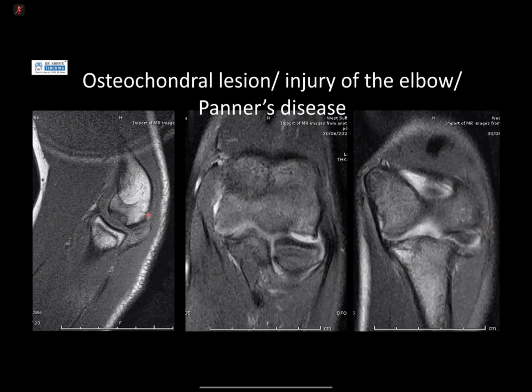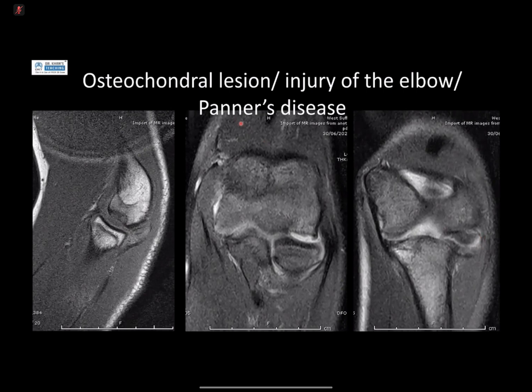If it's not in the hip but in the elbow, at the capitellum, you can call it an osteochondral lesion or osteochondral defect. This one is a defect because you can see there's actually breakage or fracture of the osteochondral junction, and there's also a free fragment here.